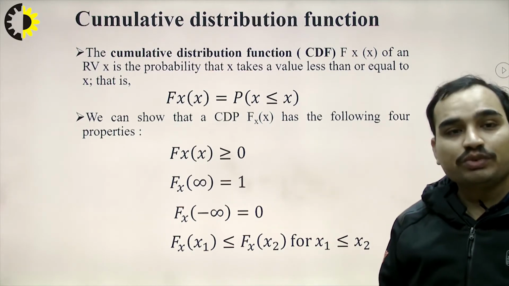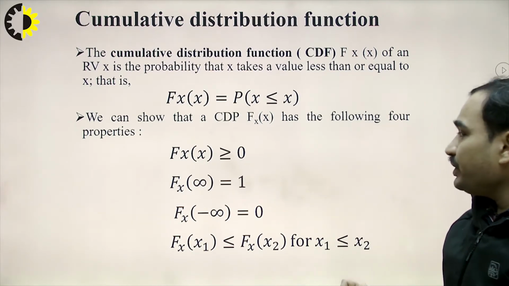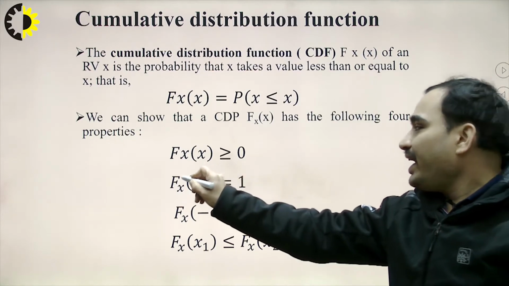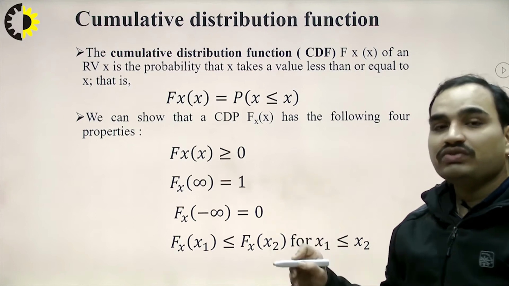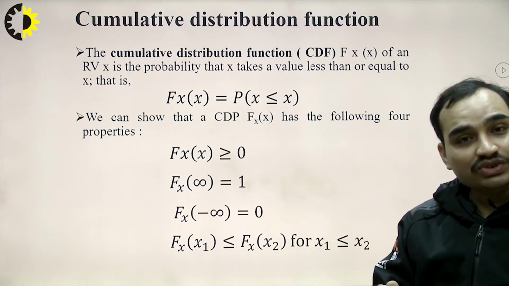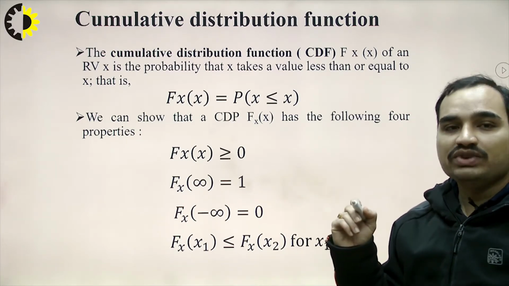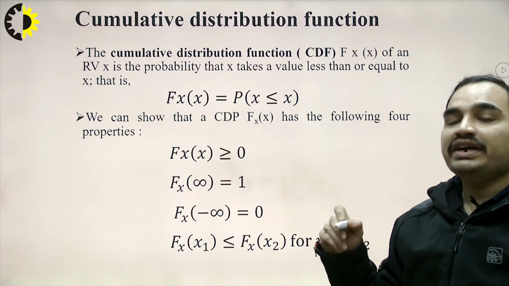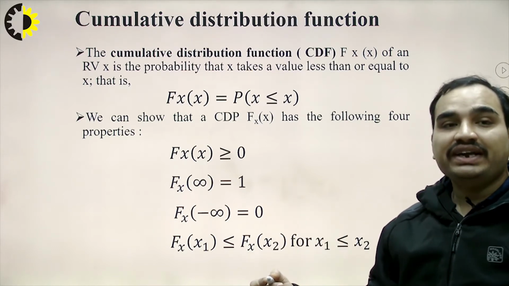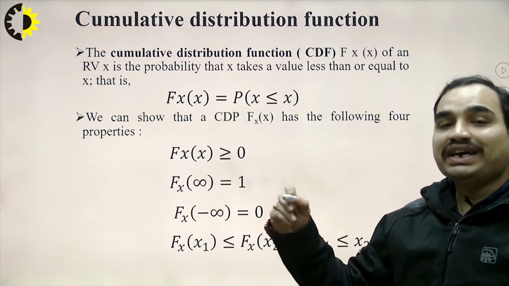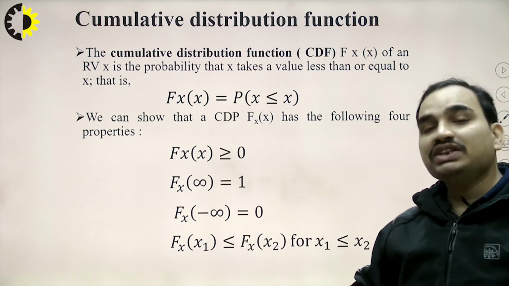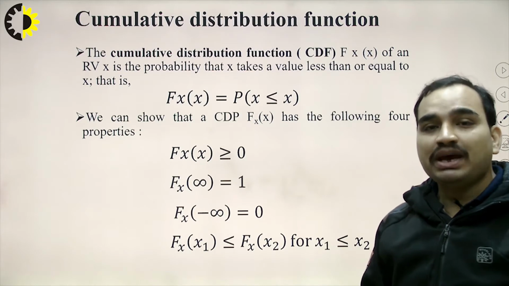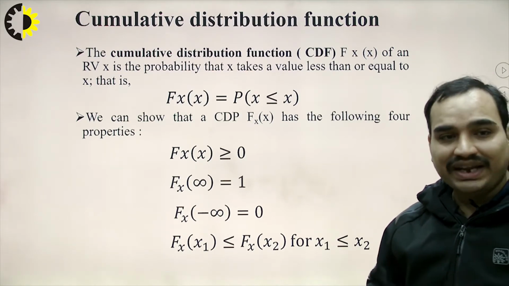What are those properties? The first property is that F of x is greater than or equal to 0. So the value will be equal to 0 or greater than 0, because in our next slides we will see that it is nothing but the addition of the probabilities for different outcomes. We'll prove it with the help of an example in our next slides.